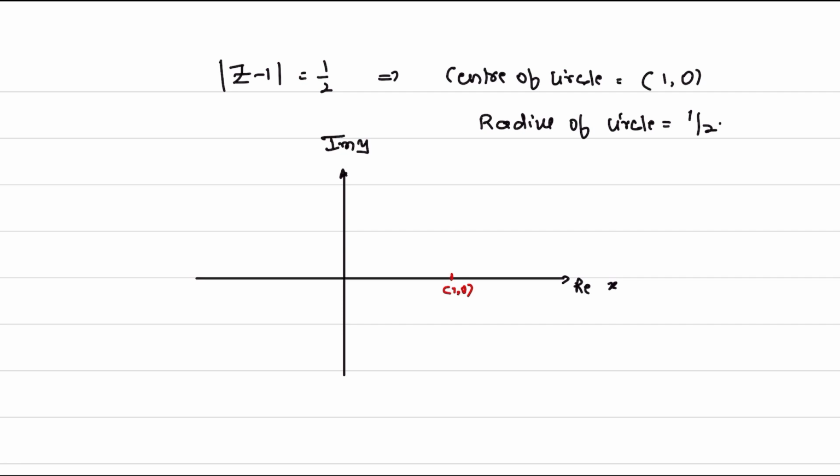Then, what is the radius? Radius is half. Here also let us say it is half. Then this is the radius. These are the points. This is the center.